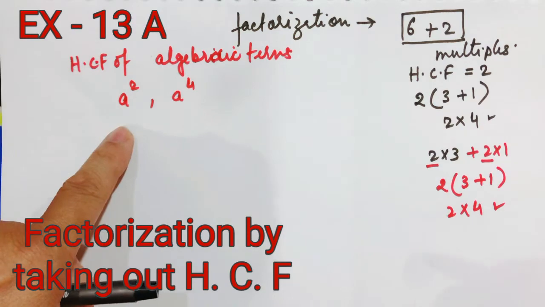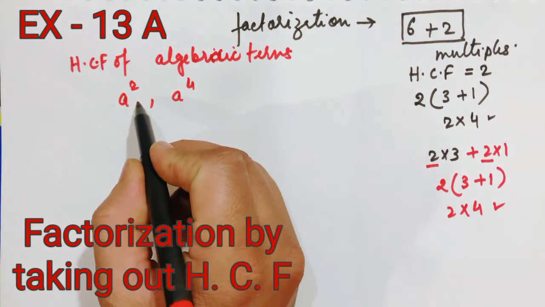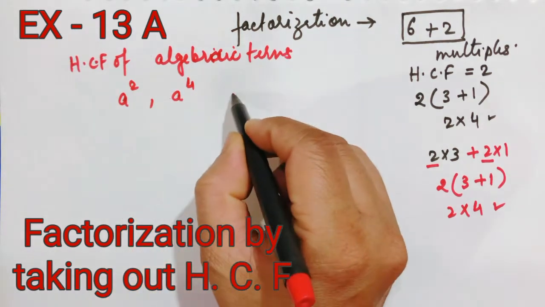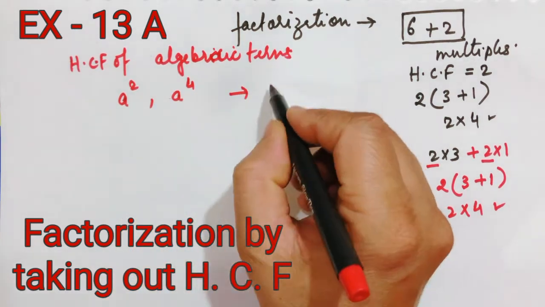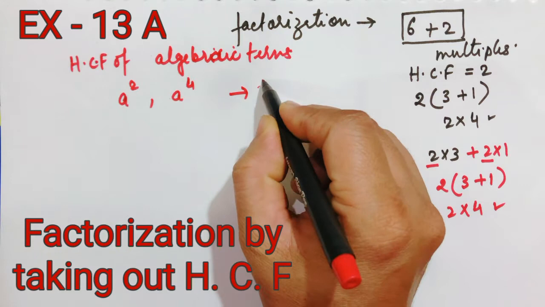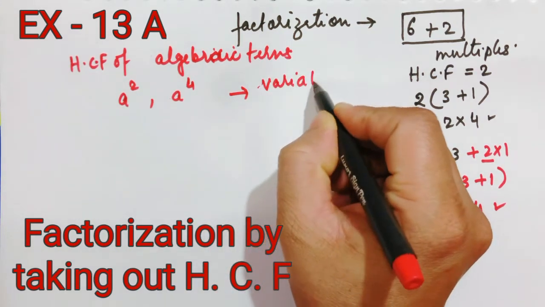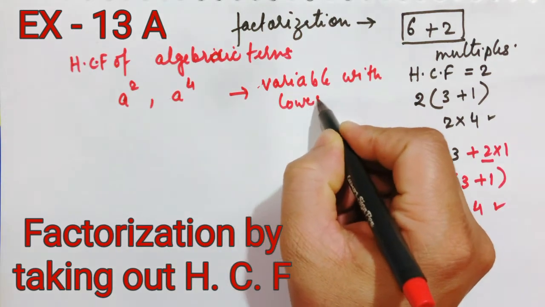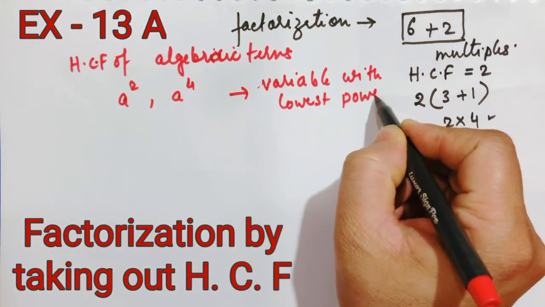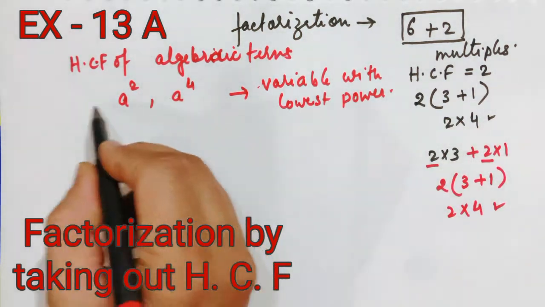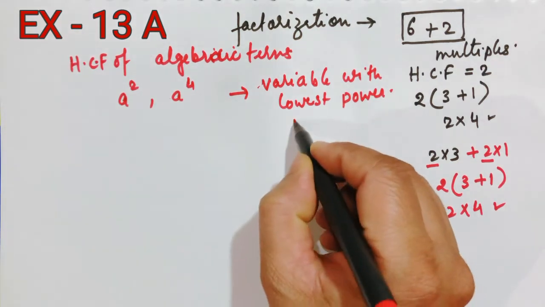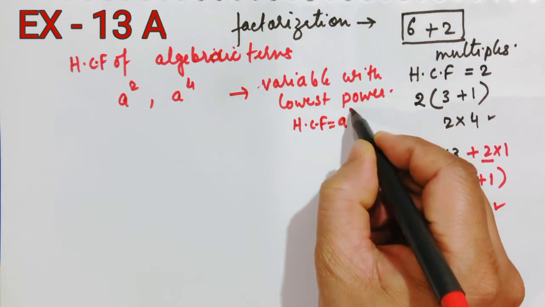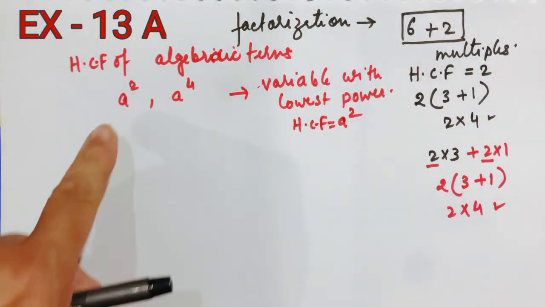What will be the HCF of these two terms? So the HCF of these two terms will be the variable with the lowest power. Lowest power means their HCF is a square. I hope it's clear.